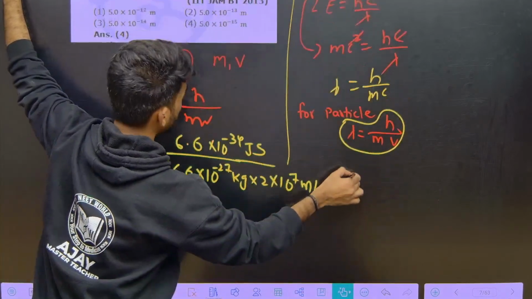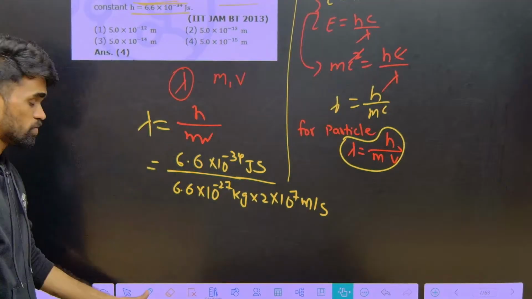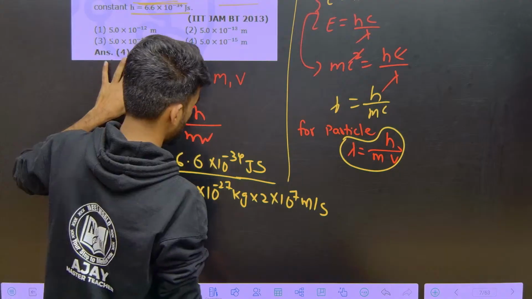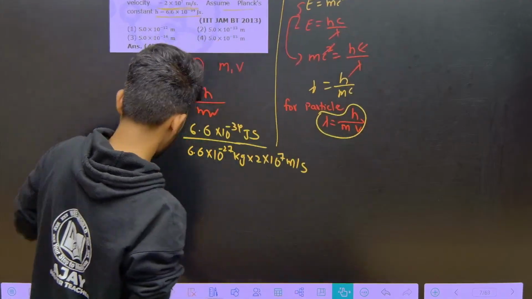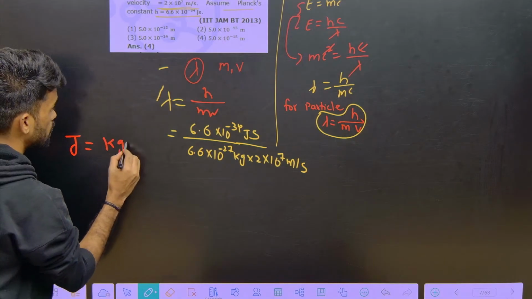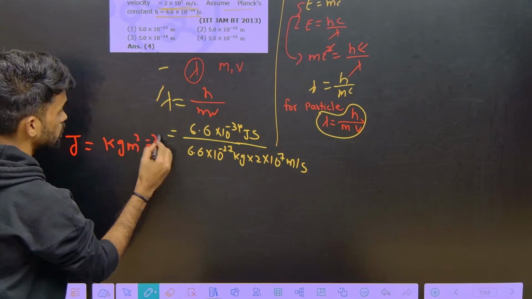So look at here, our answer should be in terms of second answer. Let us look into this. See, I can write joules as kg meter square per second square.